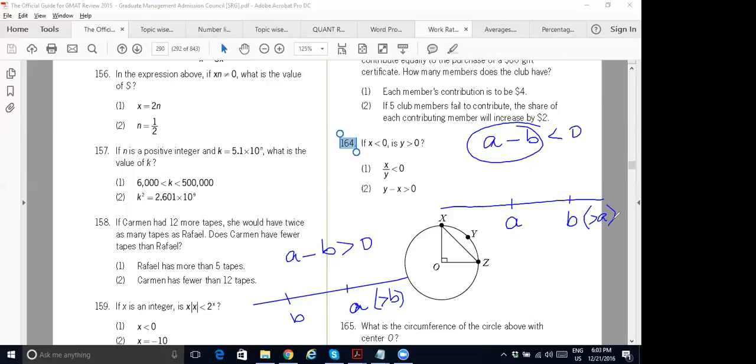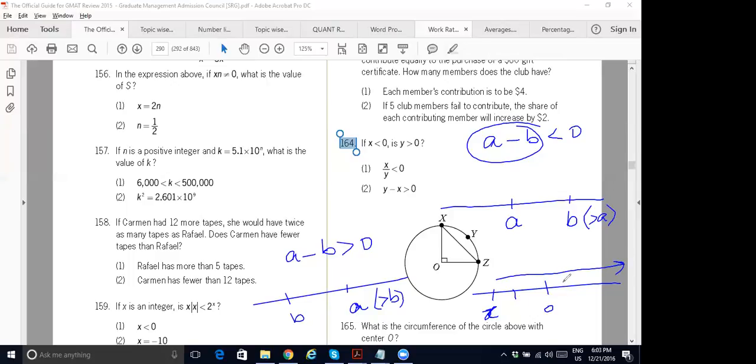So in the second case, y minus x is greater than 0 means y is greater than x. So that means we are given that x is less than 0, means 0 is here and x will be somewhere here. Y minus x greater than 0 means y can be anywhere in this territory.